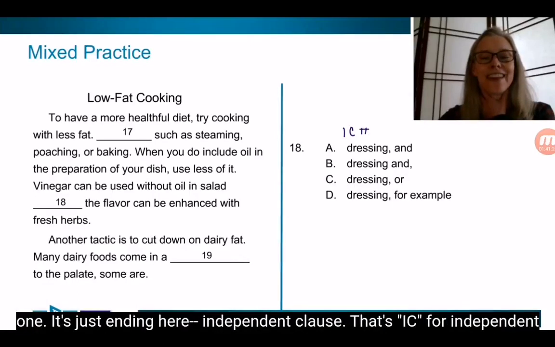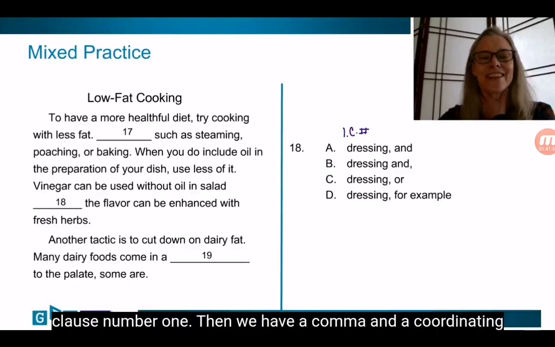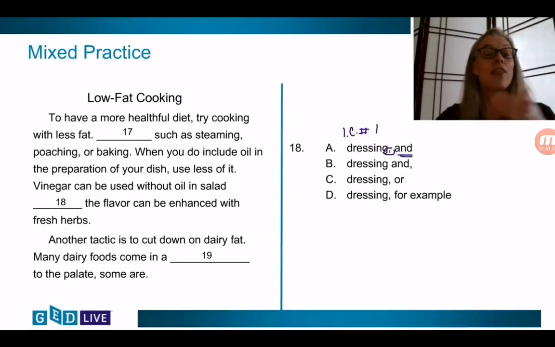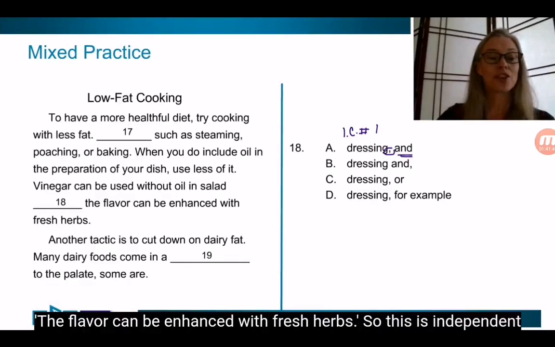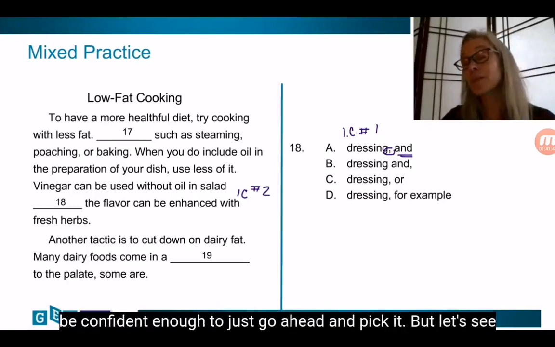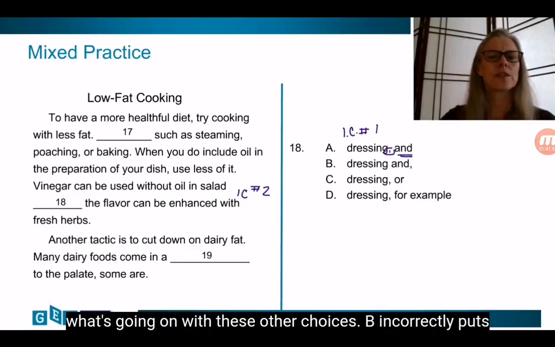That's IC for independent clause number 1. Then we have a comma and a coordinating conjunction "and" from our FANBOYS list. The flavor can be enhanced with fresh herbs. So this is independent clause number 2. A is looking great. I might actually be confident enough to just go ahead and pick it, but let's see what's going on with these other choices.